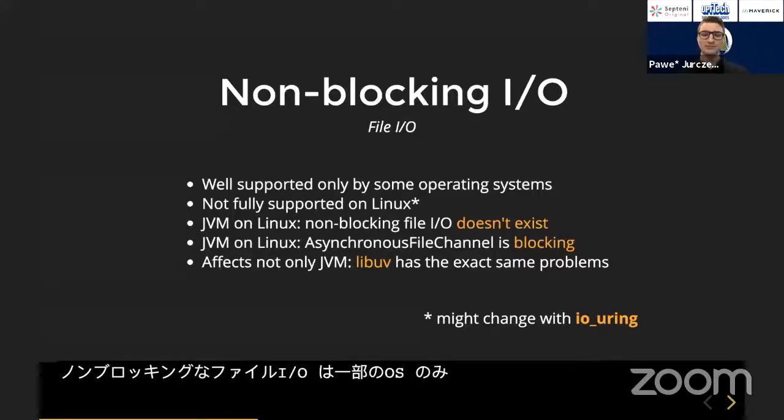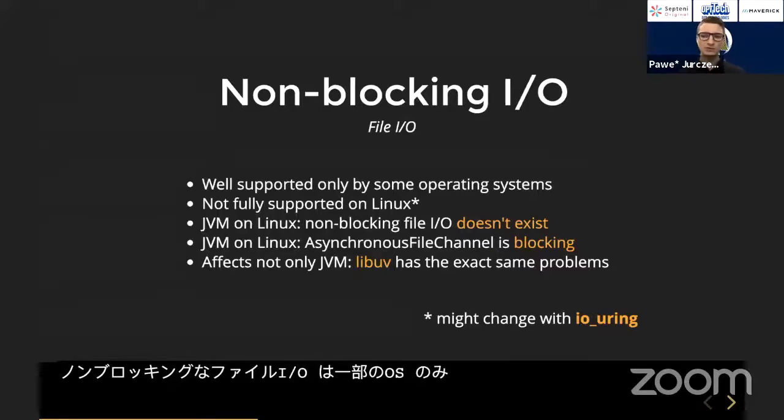Java's new IO package unfortunately doesn't change anything here, because classes like AsynchronousFileChannel are asynchronous as the name suggests, but they are blocking under the hood. So they are using a thread pool in their internals, and regular JVM thread blocking. And all of that affects not only the JVM platform, but other platforms as well.